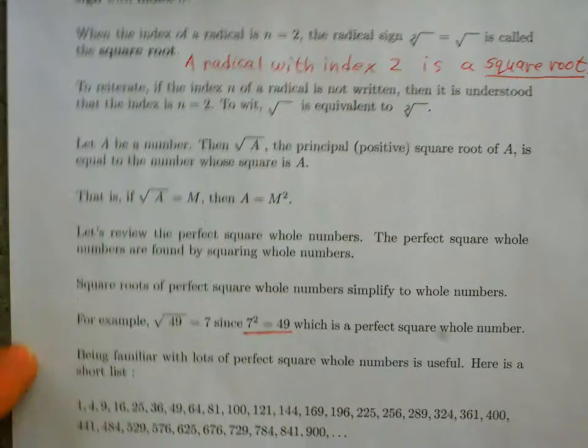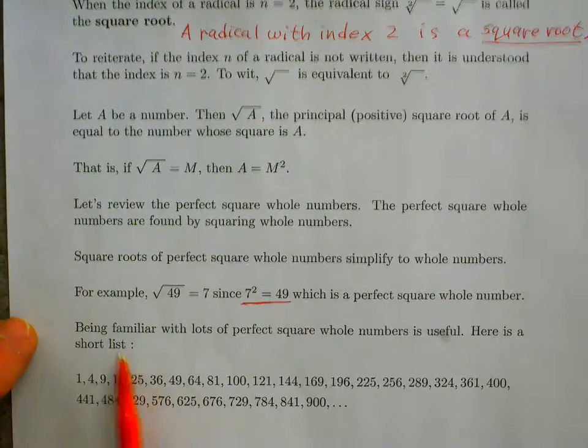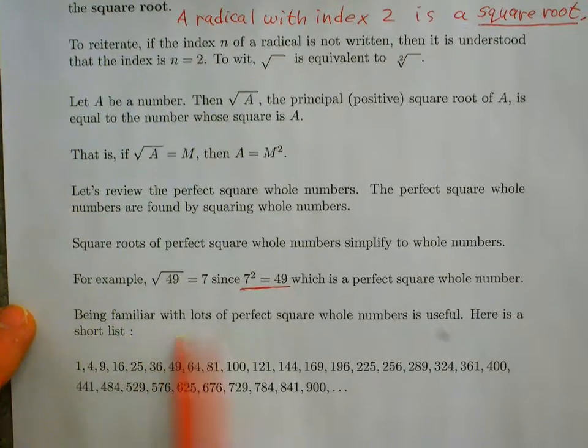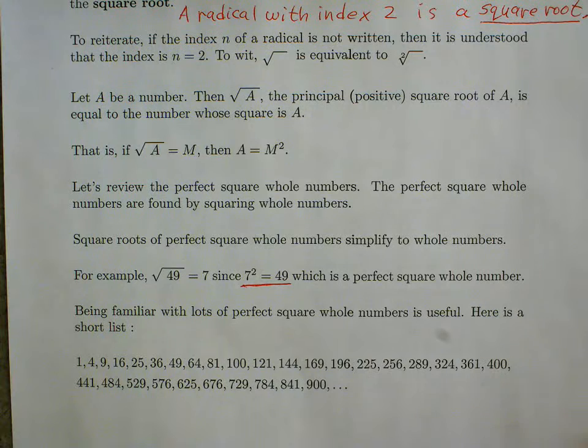Okay, so as I've already mentioned, being familiar with lots of perfect square whole numbers will be useful, or they will come in handy. So here's a short list. The entire list is infinitely long, so this is relatively short compared to an infinite number.